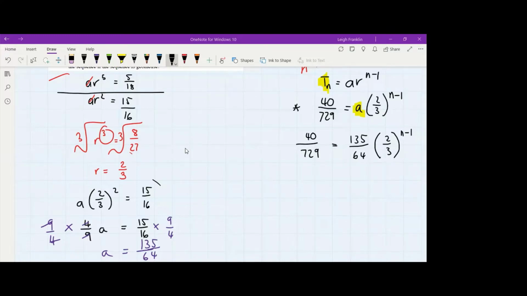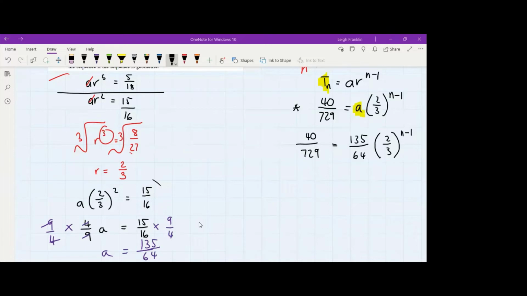Now, I have a problem. At the best of times, I'm completely blind. I'm sitting here in the dark and I can't see anything on my calculator. Katleho, you're going to have to help me here, please. No problem. All right, thank you. So on your calculator, will you please say 40 over 729 divided by 135 over 64?